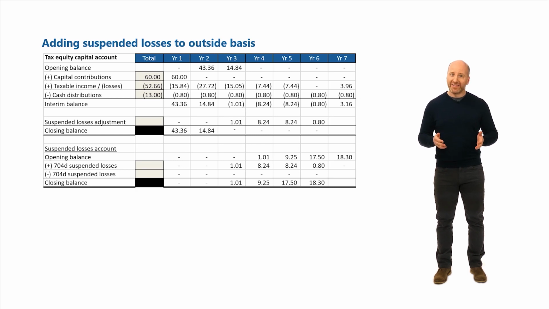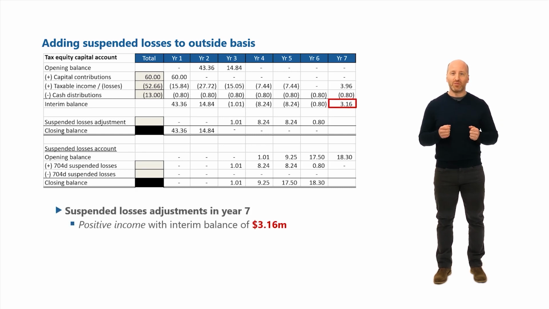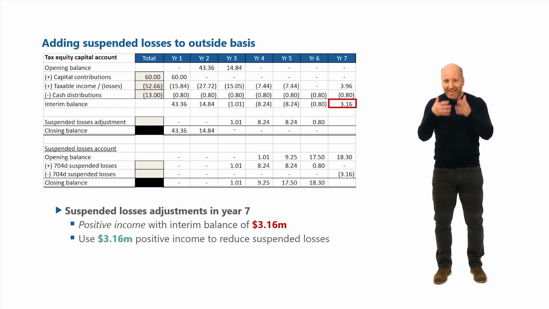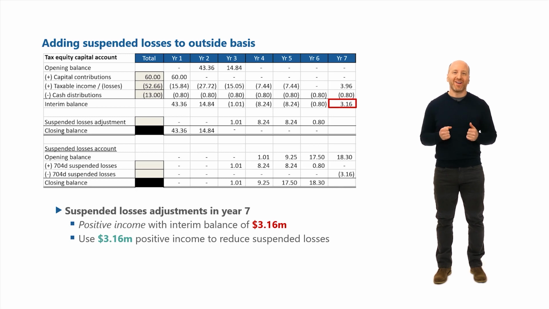In year 7, we have positive taxable income of 3.96 million and distributions of 0.8 million. So our interim balance is positive 3.16 million, and we no longer need to suspend any of our losses. And just like the net operating loss carryforward account, we can start using up or consuming our suspended losses. So we're going to consume 3.16 million of suspended losses to reduce our suspended loss balance account to 15.14 million.